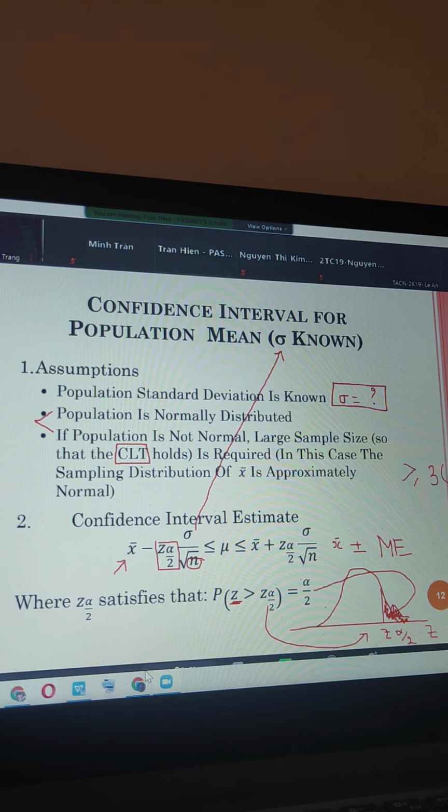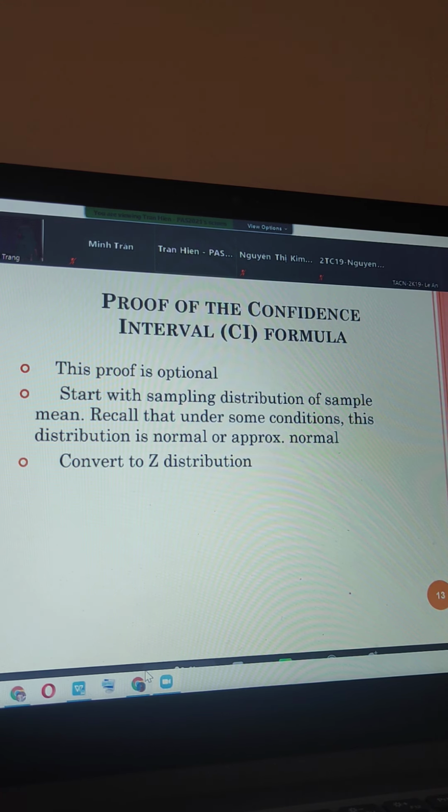Right now we will define the value of alpha. Actually, the proof of the confidence interval formula is optional. So we can start with the sampling distribution of the sample mean. Recall that under some conditions this distribution is normal or approximately normal.